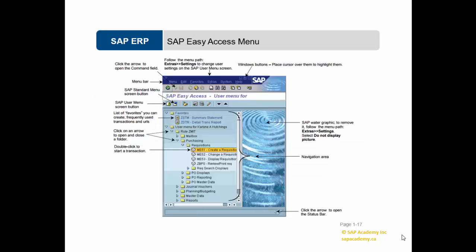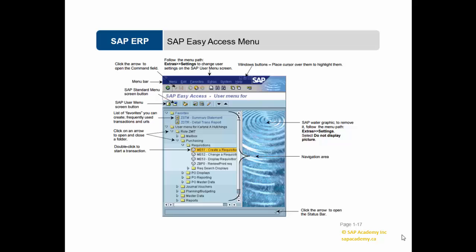The SAP Easy Access screen is also known as the SAP user menu. After logging into the SAP system, the first screen that appears is SAP Easy Access. The SAP menu folder enables a user to work on the SAP system according to the roles and authorization provided by the administration. The menu folder contains 2 main folders and 8 subfolders.